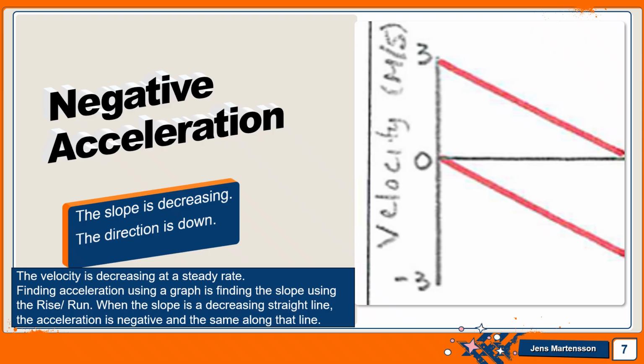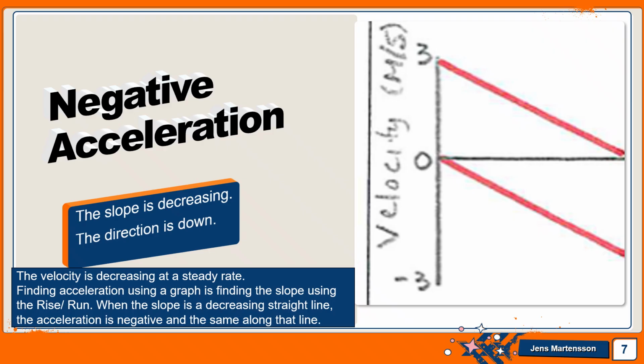How do we find out the acceleration for a graph that looks like this? It is basically the rise over the run. No matter what point you choose, it should give you the same. How do you plug it in? If you know that the rate of change is the same, and you have that number, you can go ahead and plug it in, so that you will see a negative acceleration, direction going down, and the slope is decreasing.